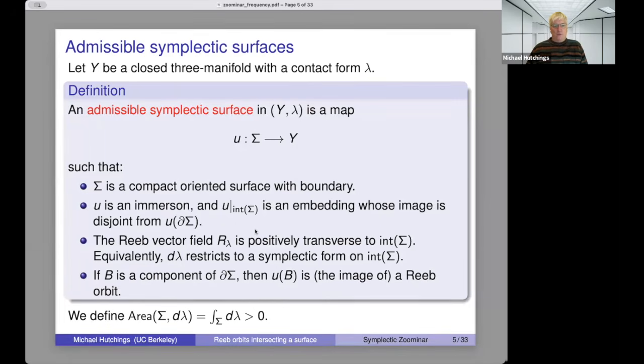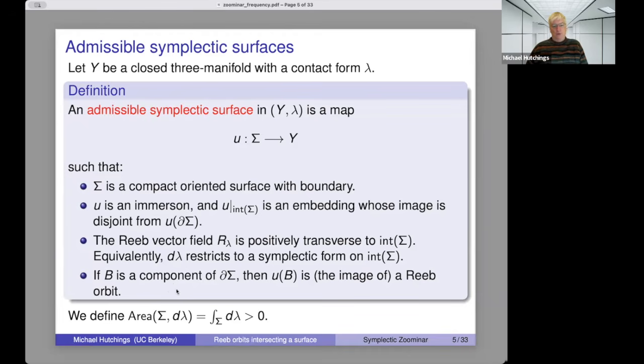Furthermore, the Reeb vector field is positively transverse to the interior of the surface, and equivalently, that means that d lambda restricted to the interior of the surface is a symplectic form on the surface. The boundary of the surface, on the other hand, is parallel to the Reeb vector field.